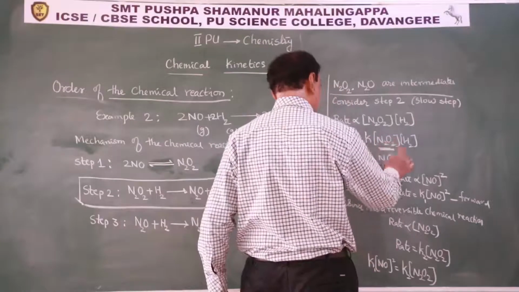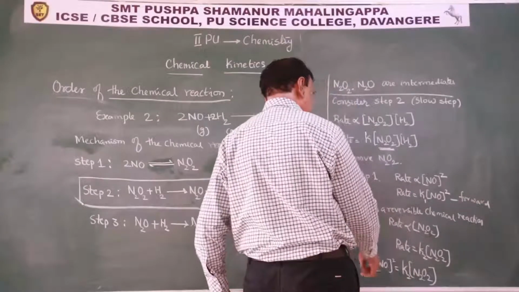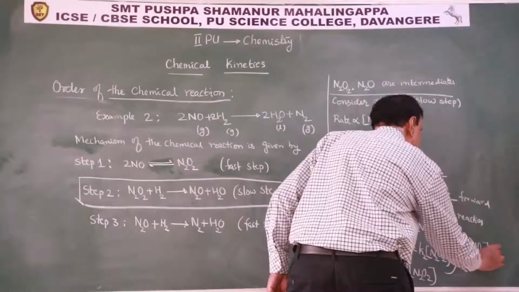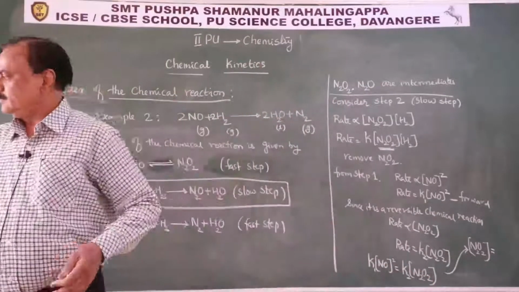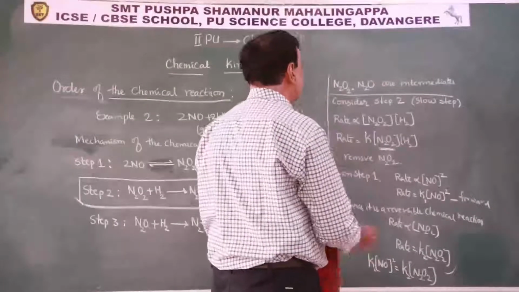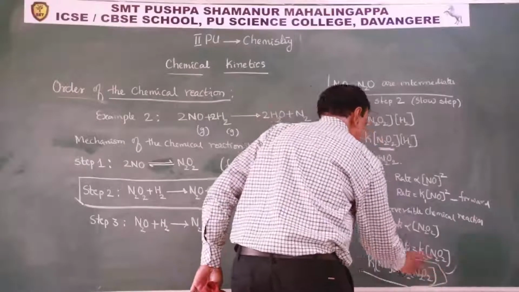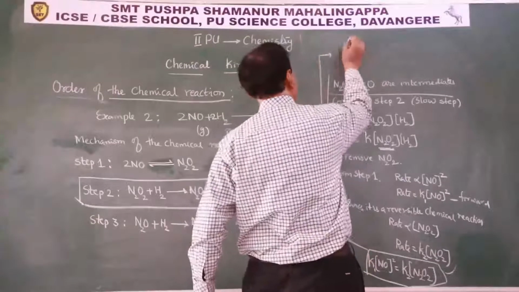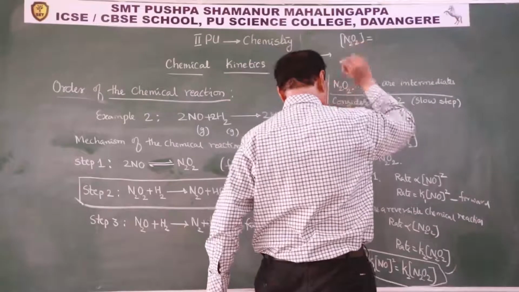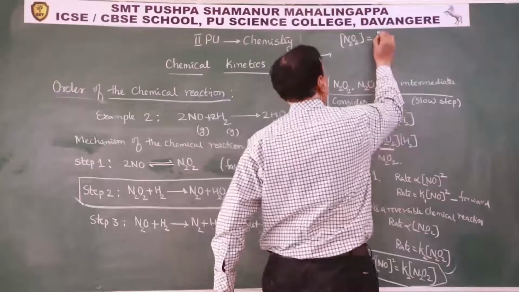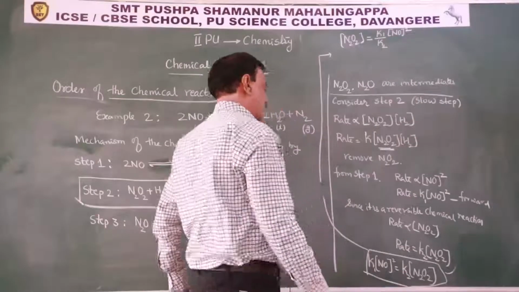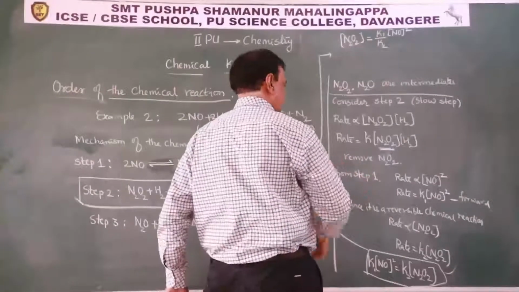N2O2 is equal to K1 divided by K2 into NO to the power of 2. Now substitute this in equation number 1.